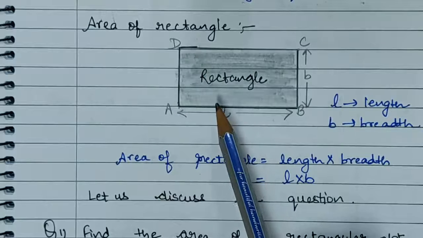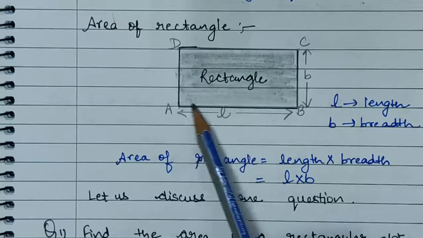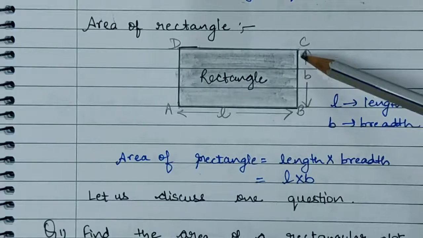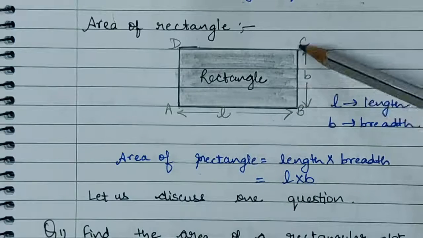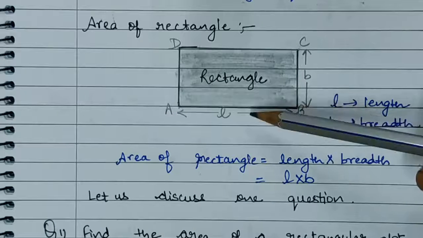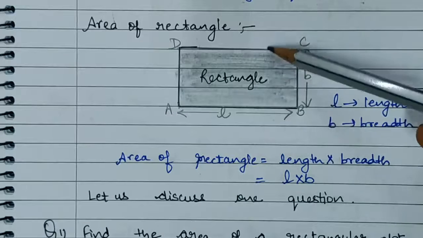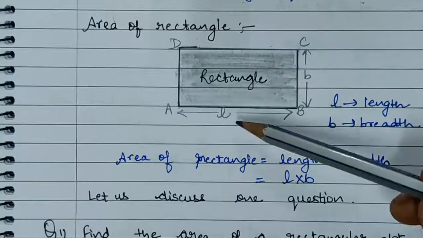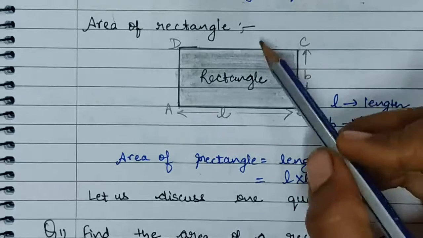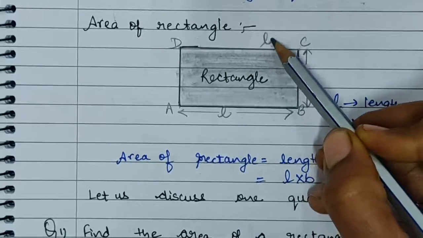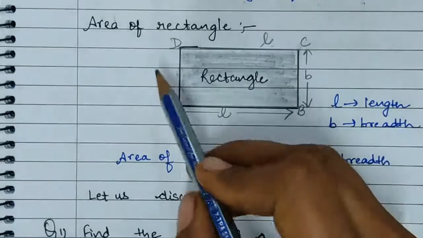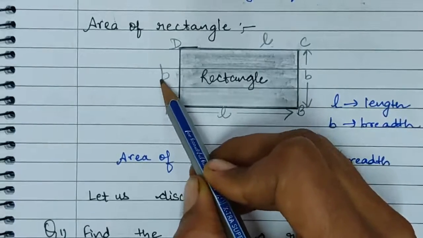As you all know, this is the length of the rectangle and this is the breadth of the rectangle. And the opposite sides of the rectangle are equal. It means if this length is L, this will also be L. And if this is breadth, this will also be breadth.